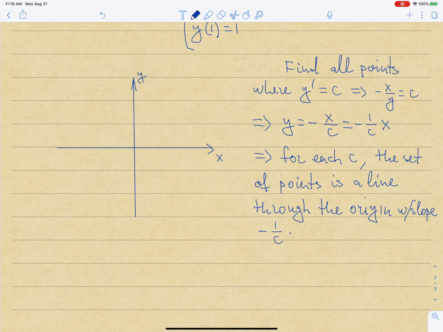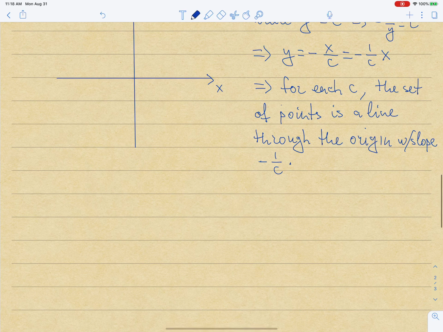Okay, all right, so then for c equal to 0, what do I get? So actually, let's not start with c equal to 0, let's start with c equal to 1. So if c is equal to 1, then y is equal to minus 1 over 1 x, so y is minus x.